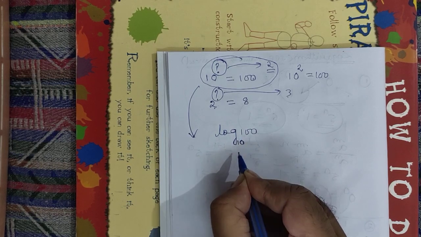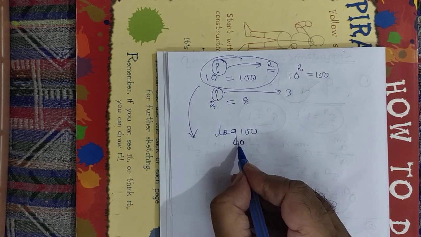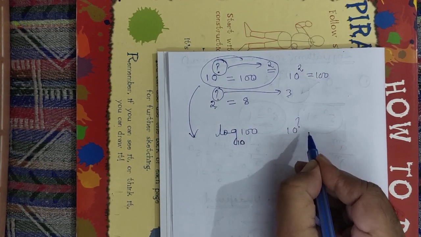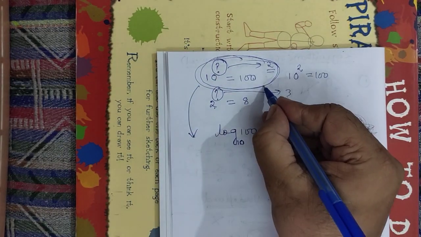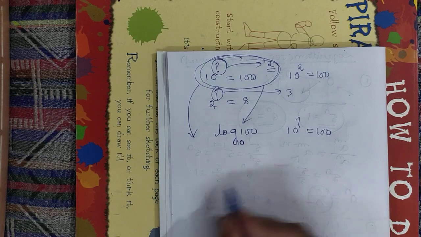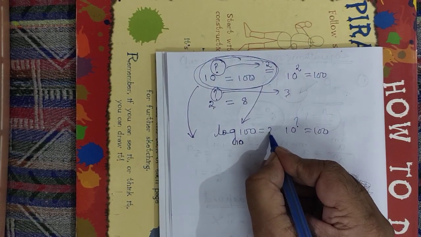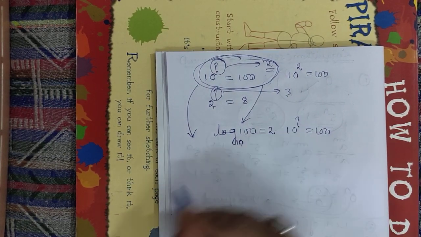This is called the base. So this means 10 to the power what is 100. Whatever I have asked you here is the same question asked here. So the value is definitely 2, because 10 to the power 2 is 100.